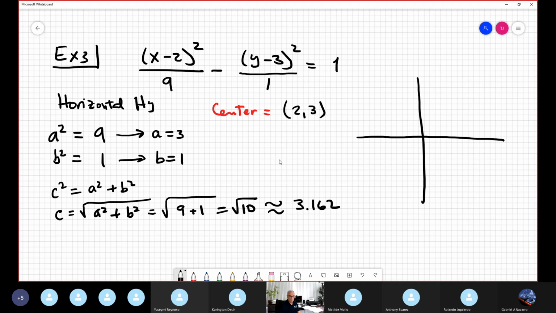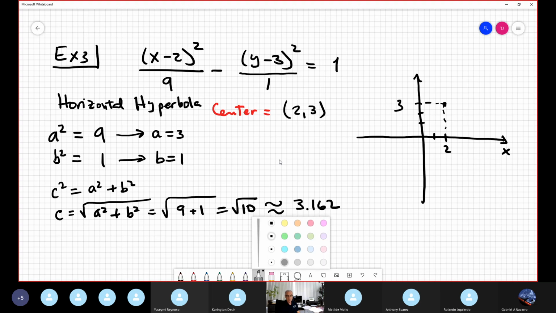And the center is 2,3. This is X, this is Y. This is the center. If it is horizontal, it is because the transversal axis looks like that.